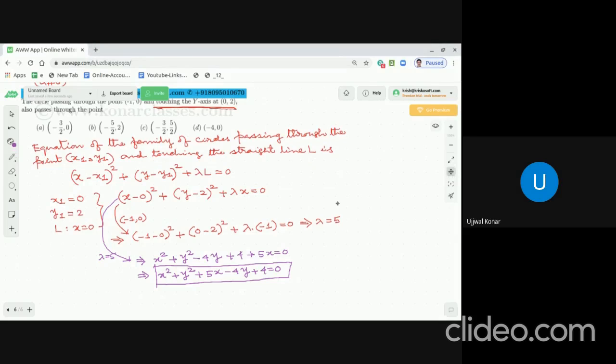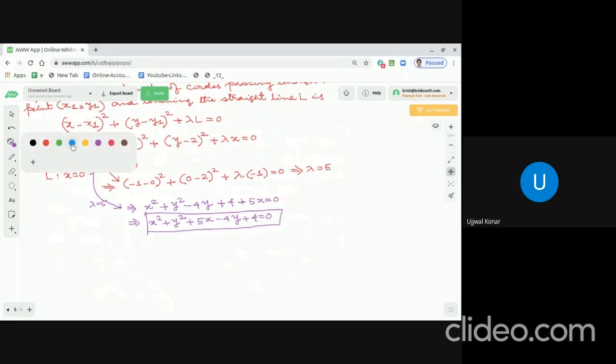So what I'm saying is that for x-intercept, we need to put y equal to 0 in the above equation. So then what we are going to get? X square plus 5x plus 4 equal to 0.